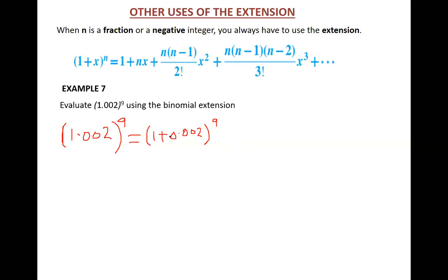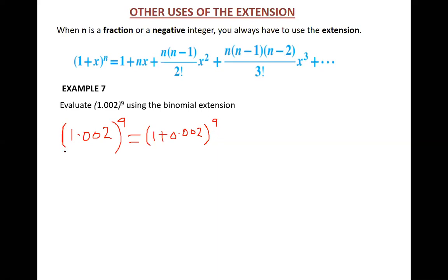So when you add this, you still go back to that. So now, since we have 1 here, we have at least qualified to use this, because we have a 1 there, and then our value of x in this form, in this case, we're going to have 0.002 as our x.